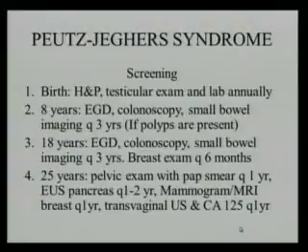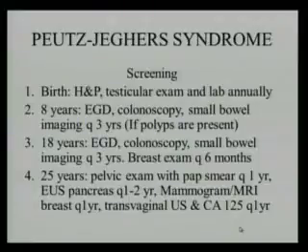If they have polyps, you go every 3 years. If they don't have polyps, you readdress the issue at the age of 18, or if they are symptomatic. And you do the same: EGD, colonoscopy, small bowel imaging. But at the age of 18, you start every 3 years, regardless of whether they have polyps or not.